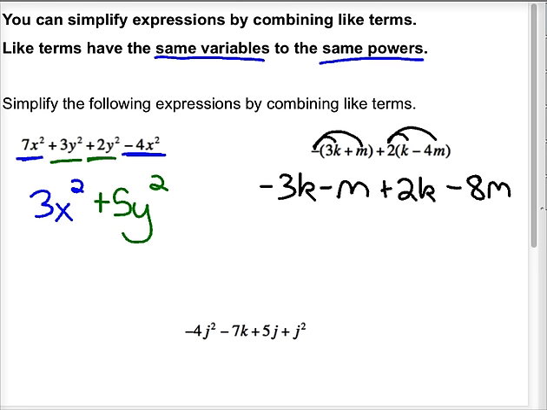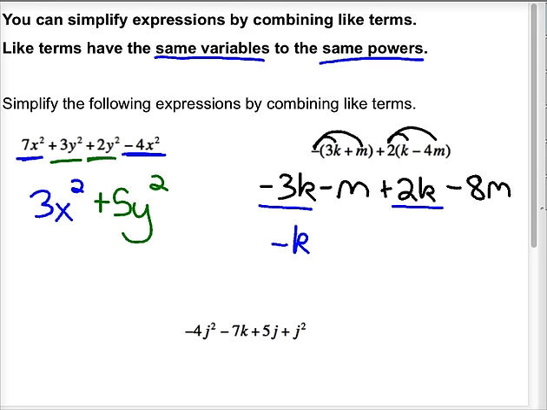And now I have some like terms to combine. So I have k's, so negative 3k plus 2k. Well, negative 3 plus 2, I'm still left with a negative 1k. But again, you don't have to show the negative 1 there. The 1 can kind of be hidden.